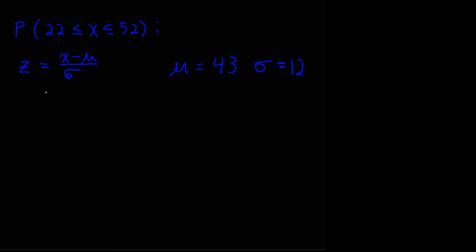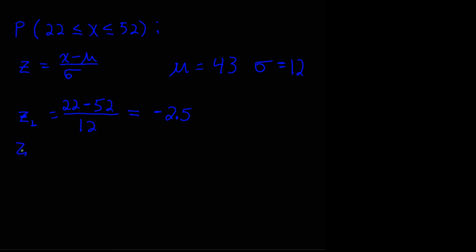I'm going to look at my lower bound first, so I'll put z lower is 22 minus 52 over 12. My calculator will take care of this. 22 minus 52, which is negative 30, divided by 12, has a z-score of negative 2.5.